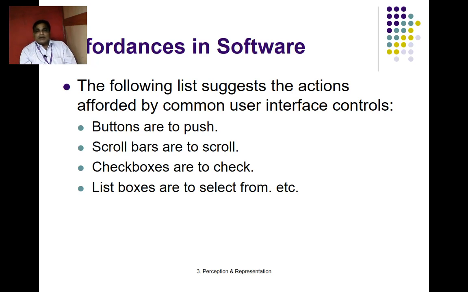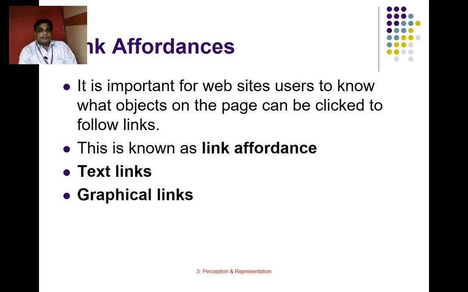So these are affordances in software. Link affordance: in the case of the web, it is important for a website user to know what objects on the page can be clicked to follow links. This is known as link affordance. It may be text links or graphical links.